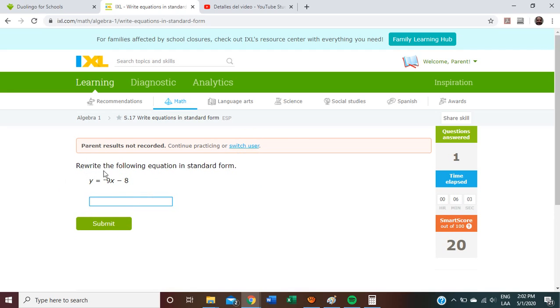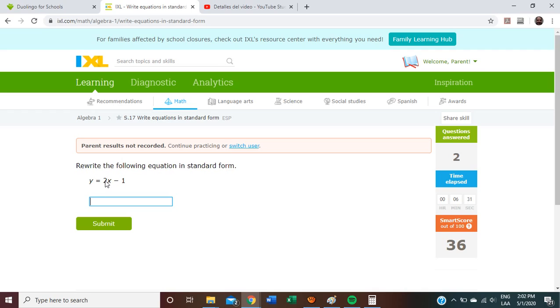Now we send this number to the other side of the equation, and it was subtracting. Now it is going to be adding, so it is going to be positive 9x plus y equals the rest, equals -8. Okay, we submit it.